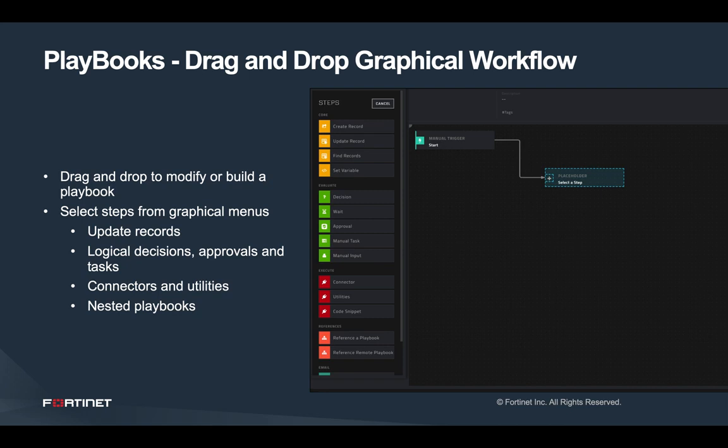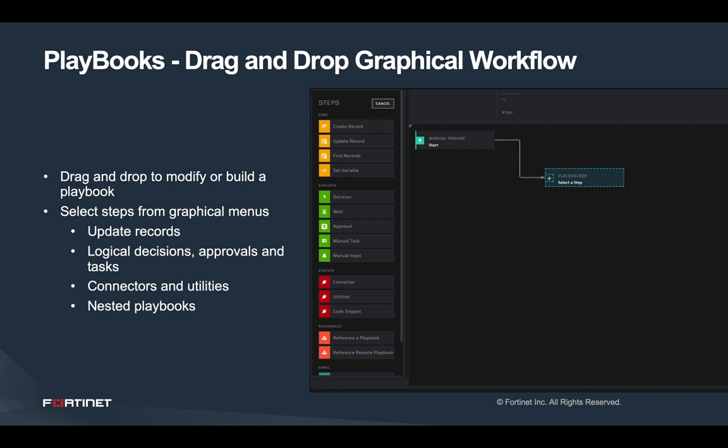Now, the playbooks are pre-built. They are shipped with Fortisor. When you purchase the product, Fortisor ships with built-in playbooks. There are over 3,000 playbooks. The playbooks are already scripted for you. You could modify them, or you could leave them the way they are. You could create your own playbook.